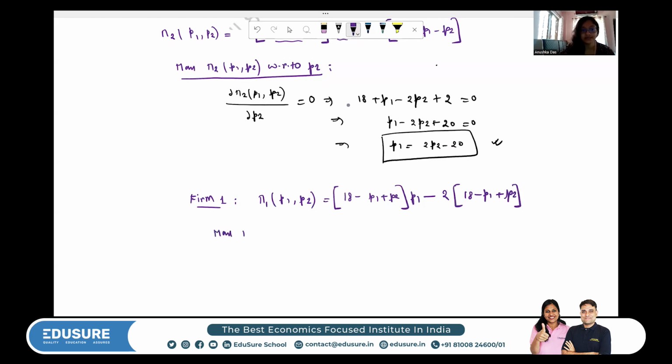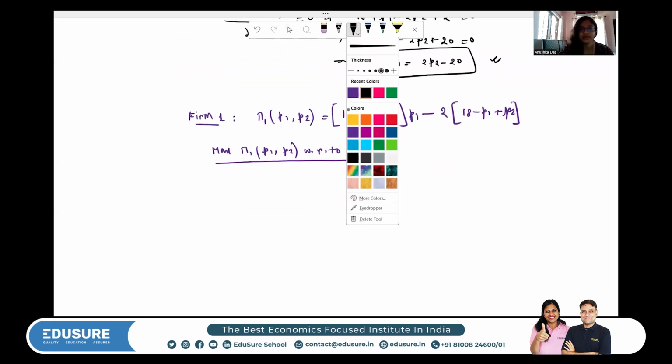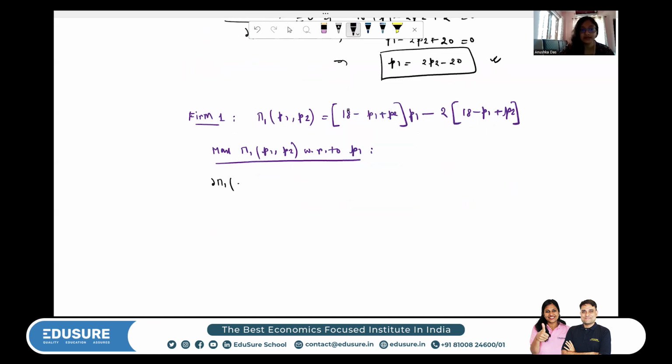Again, the firm will maximize pi 1 of P1, P2 with respect to P1 now. So del pi 1 of P1, P2 over del P1, set equal to 0. So 18 minus 2P1 plus P2 plus 2 equals 0.